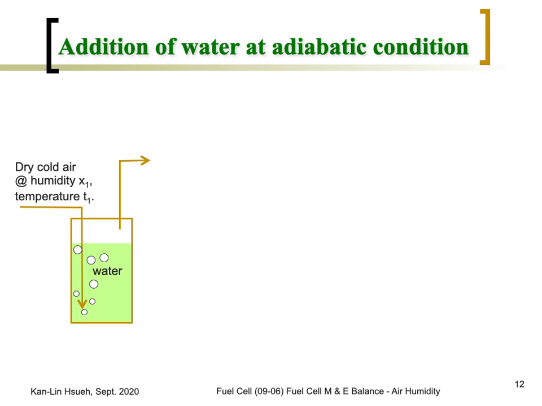The dry cold air has humidity maybe X1 and temperature T1, at lower humidity and lower temperature. After it bubbles through this water tank, it comes out as wet, warm air with a humidity X_S and the temperature raised to T2.